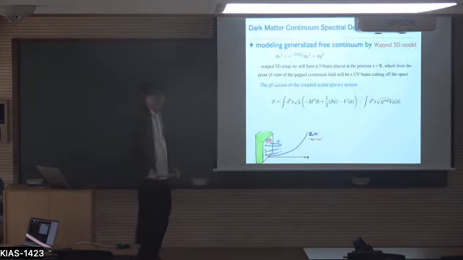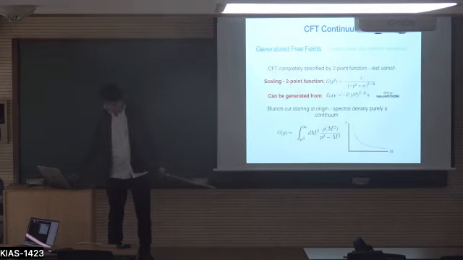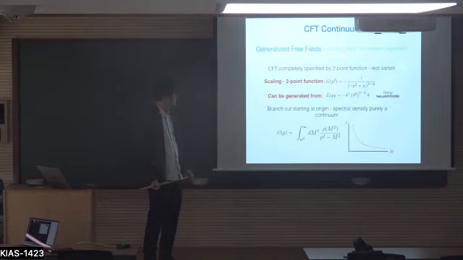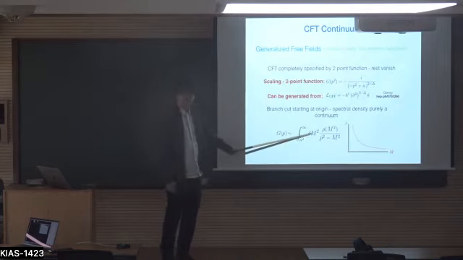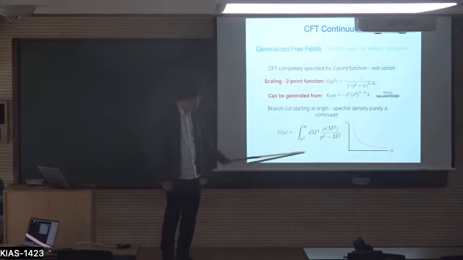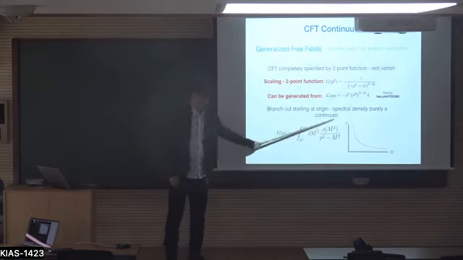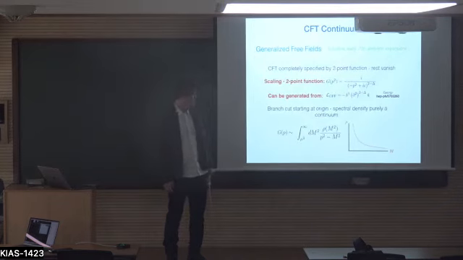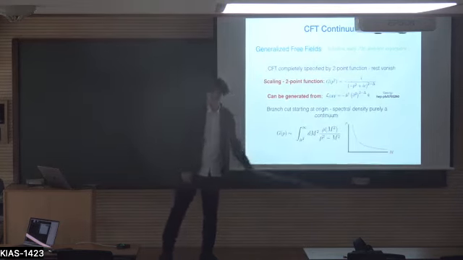So could you show that? Are you saying that the two-point function can be written in this form at the bottom? This one? Yeah, anything can be written in terms of spectral density. But this spectral density is. Okay, so suppose I give you that. This is the spectral density.